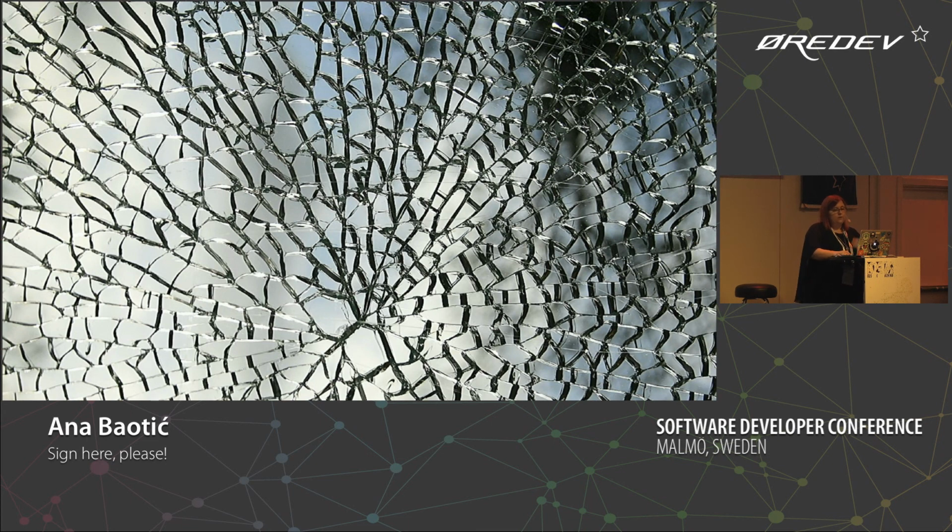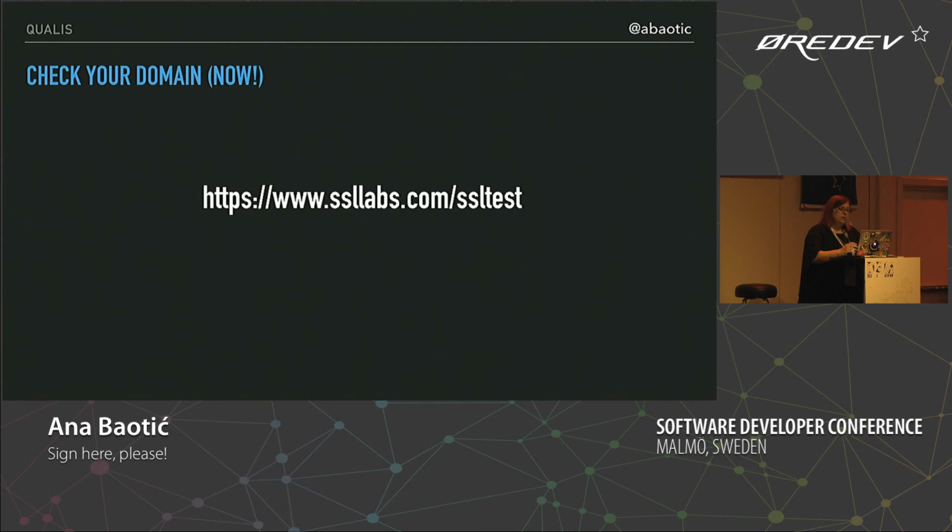So what I would like you to do, and what you can do, especially if you're communicating with third-party servers or you have your own product, I would like you to go to SSL Labs. It's a Qualys website where you can enter your domain, and it gives you the most comprehensive output of security, of the algorithms that you use, the ciphers that are used.